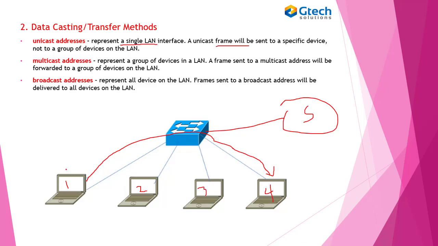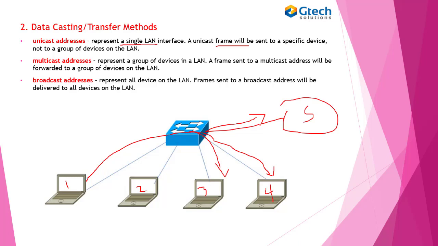A multicast address represents a frame that will be sent to these 3 devices. It will be sent to all 3 devices because it was a multicast address, and device 1 wanted to communicate to only a group of 3 devices, which are devices 3, 4, 5.